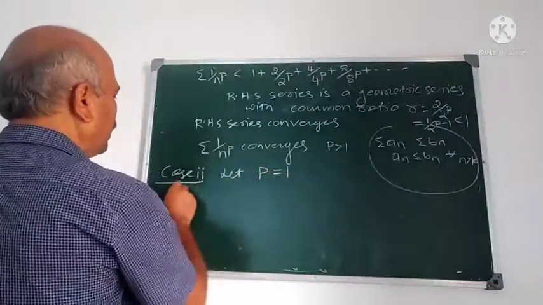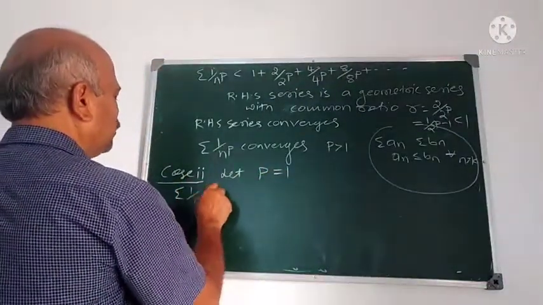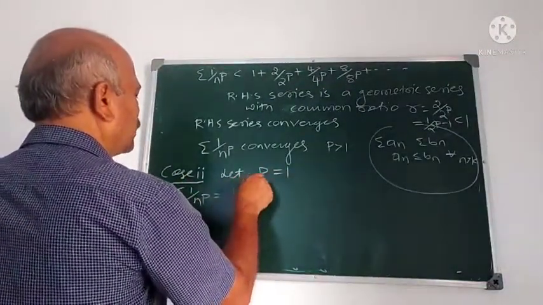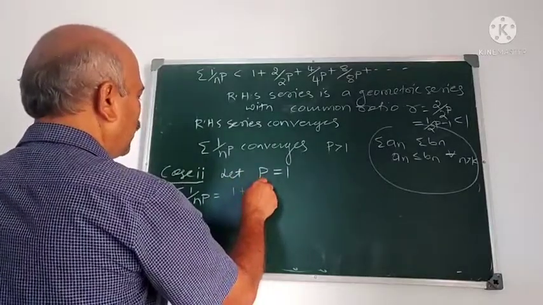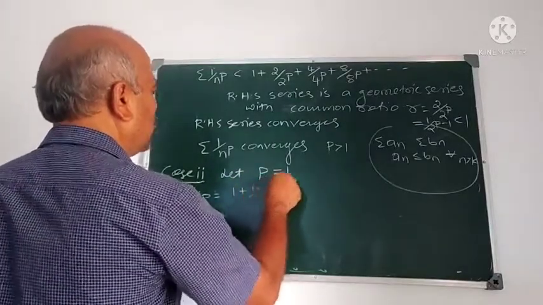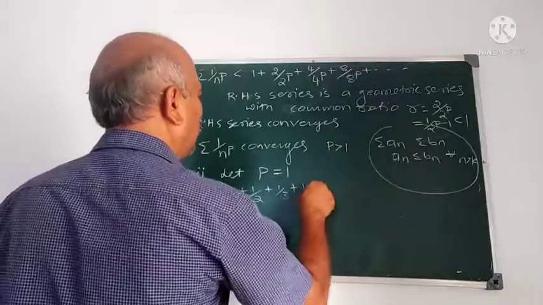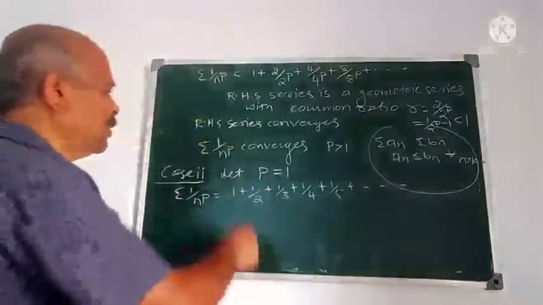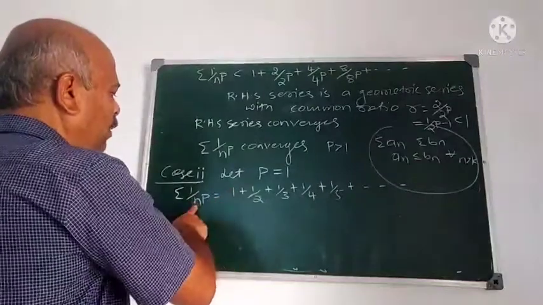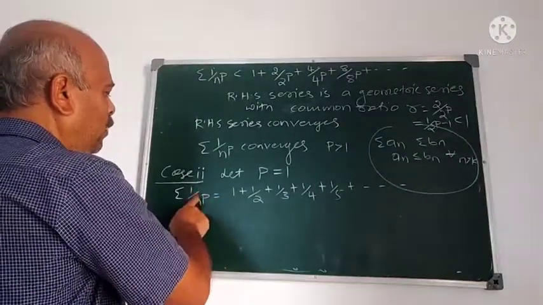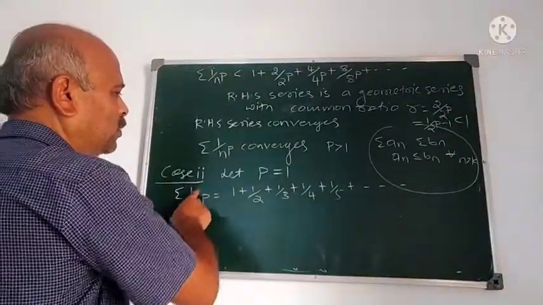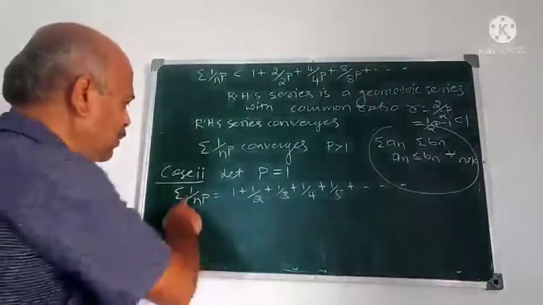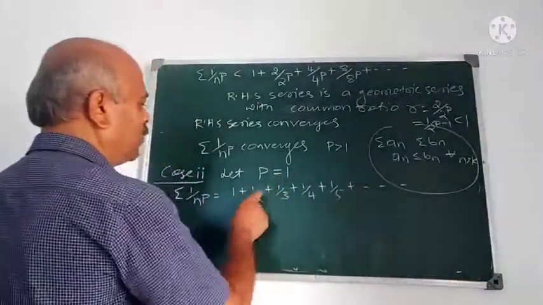If p is equal to 1, then sigma 1 upon n raised to p is 1 plus 1 upon 2, 1 upon 3, 1 upon 4 plus 1 upon 5 plus so on, because p is 1 here. That is 1 upon 1 raised to 1, 1 upon 2 raised to 1, 3 raised to 1 and so on. Sigma 1 upon n raised to p is this when p is equal to 1.